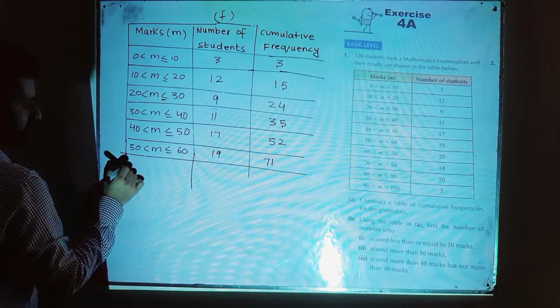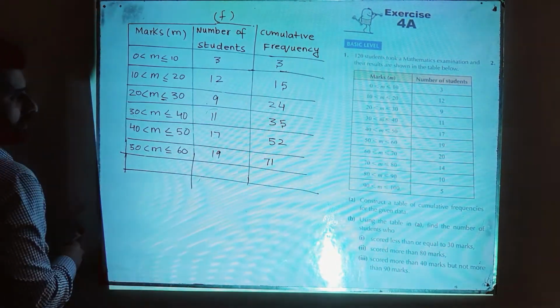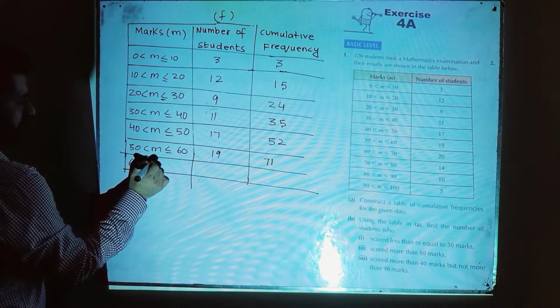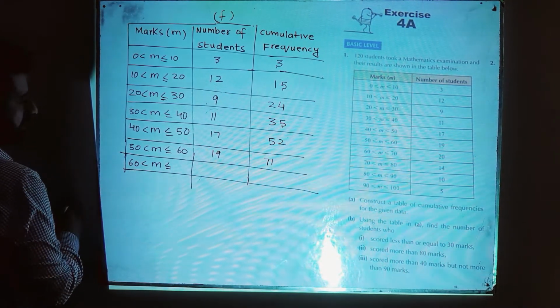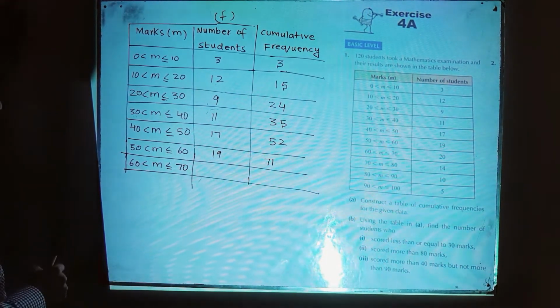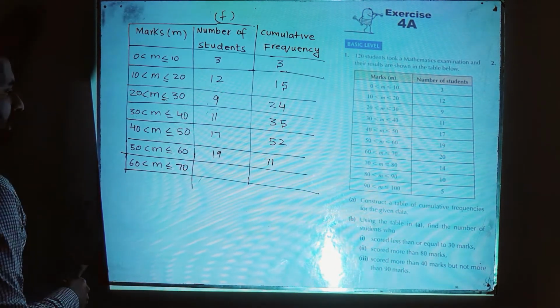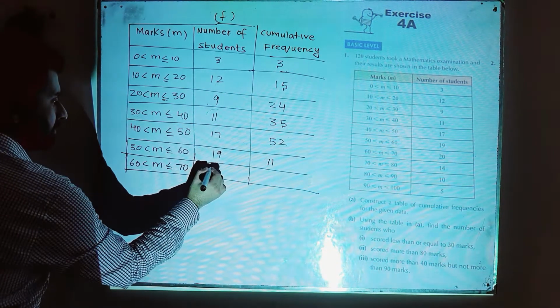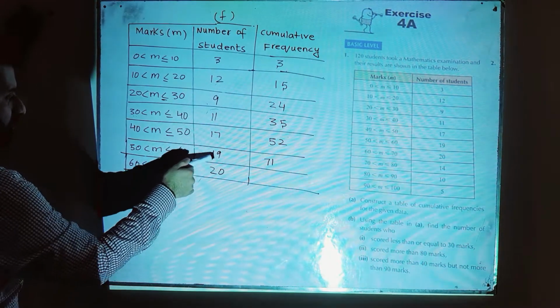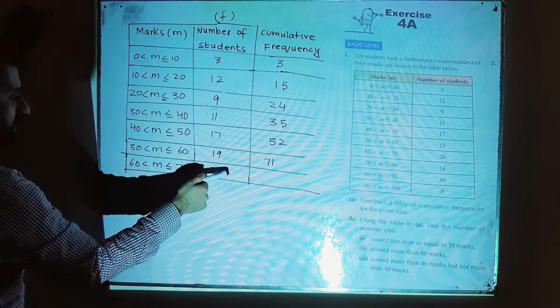The next one is marks more than 60, less than or equal to 70, and how many students are in this range? 20. So cumulative frequency will be addition of all these frequencies up till this point.